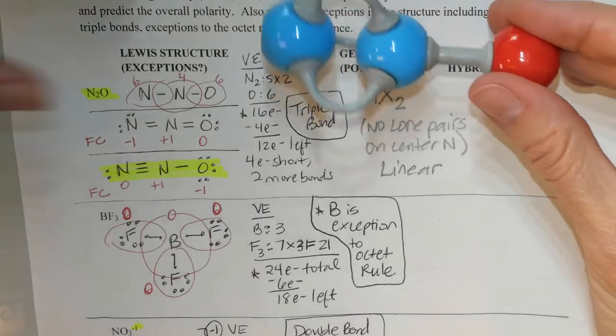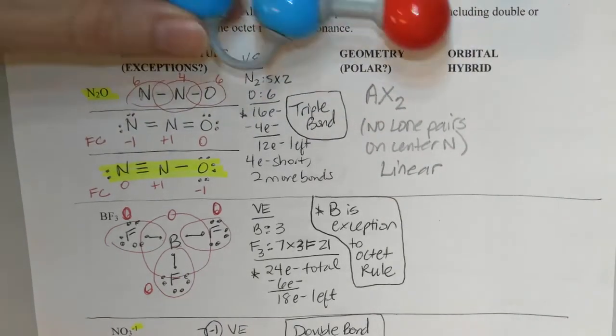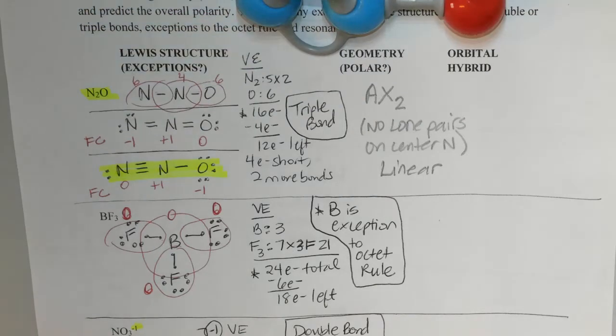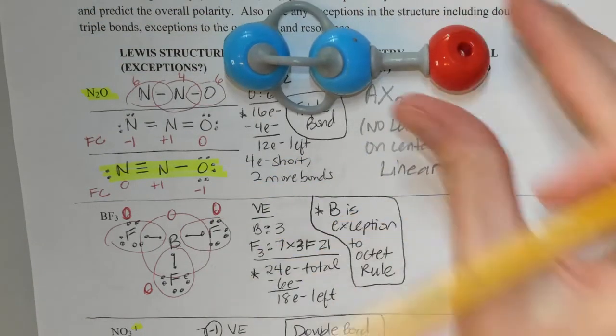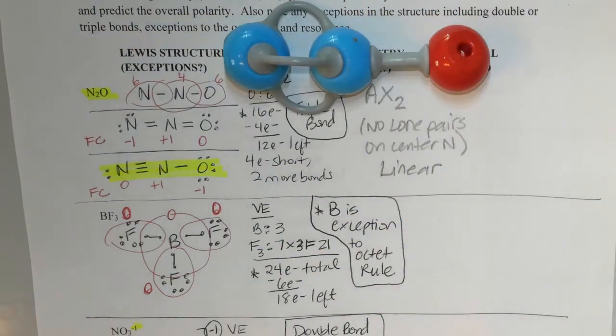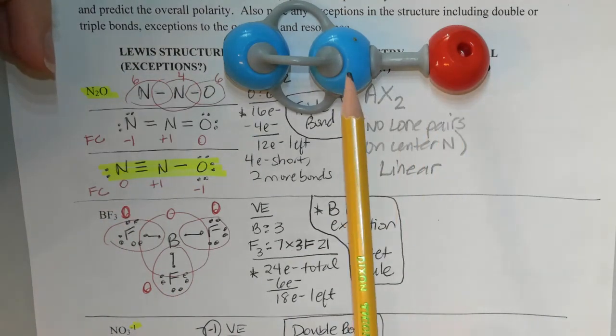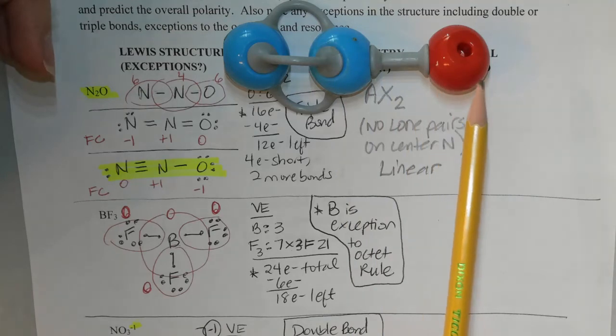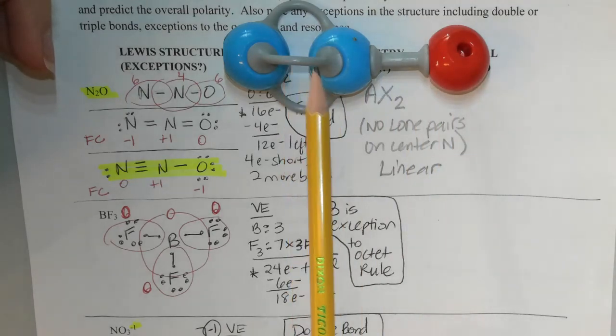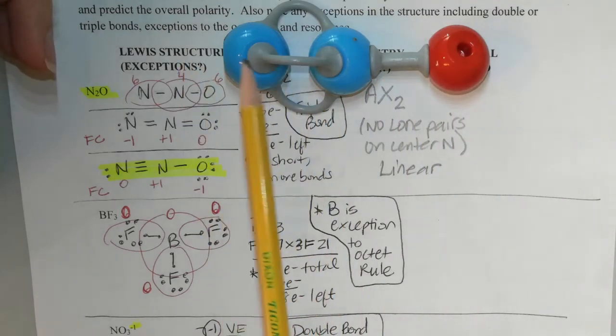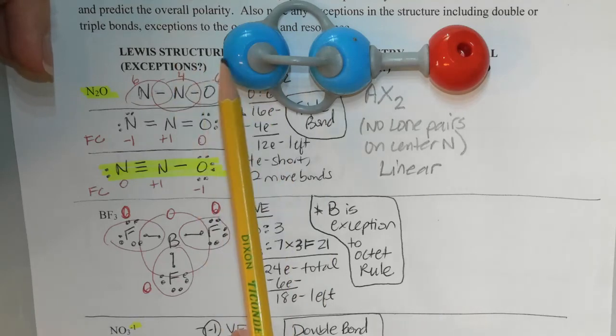So nice linear molecule. And when it comes to whether the molecule would be polar or nonpolar, in this case, we have a more electronegative oxygen pulling electron density in its direction, not being equally offset by an oxygen on the left, right? This is a nitrogen on the left. It's not as electronegative.